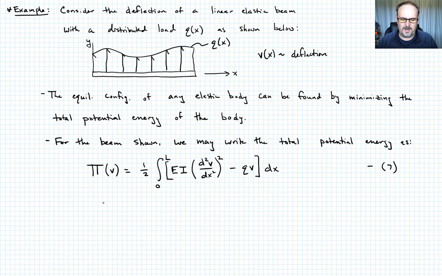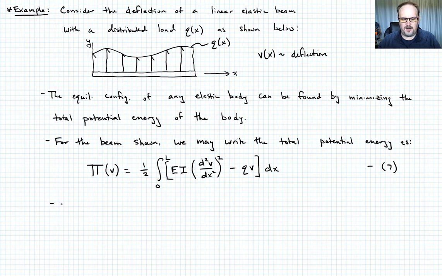So we want to find the V that extremizes this functional. What we want to do is find the minimum total potential energy by finding the V that makes this capital pi the smallest. So what do we require?